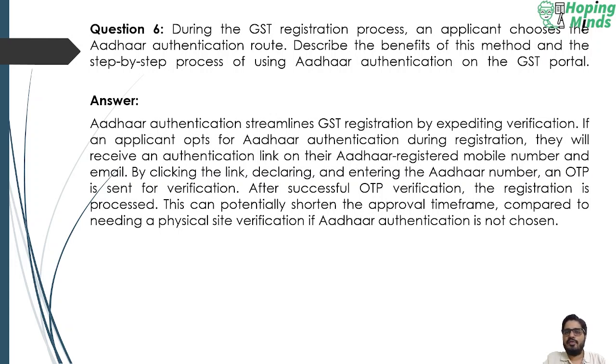At the time of filing of registration application and upon the final submission of the registration application, a link is sent to the registered email ID of the applicant or the authorized signatory, wherein the authorized signatory or the applicant has to open up this link and enter his Aadhaar number, upon which an OTP is sent to the mobile number that is linked with the Aadhaar. Once the OTP is verified, the Aadhaar authentication is successful.